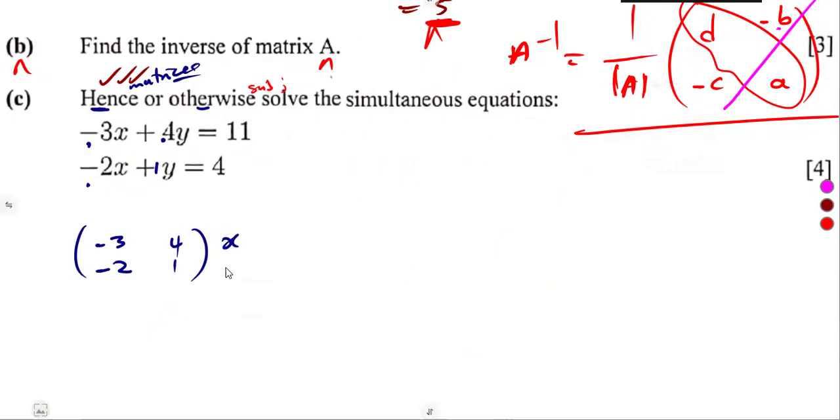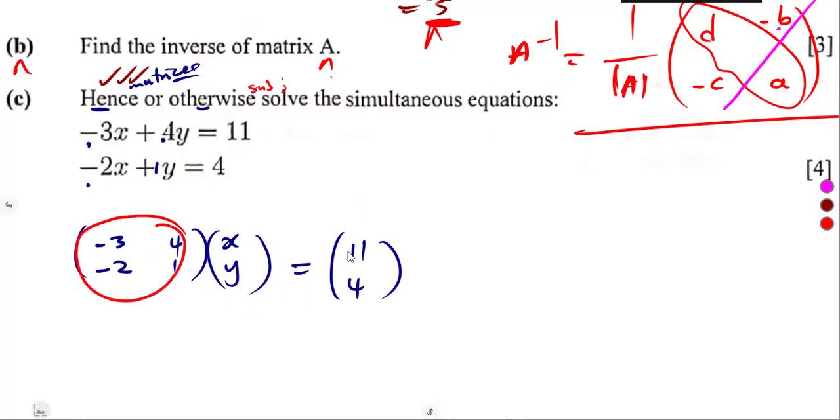We multiply by xy, which is equal to the matrix 11, 4. So this is our matrix method. If we check the -3, -2, 4, 1 matrix and this matrix, these are the two that we can figure out from the hence.